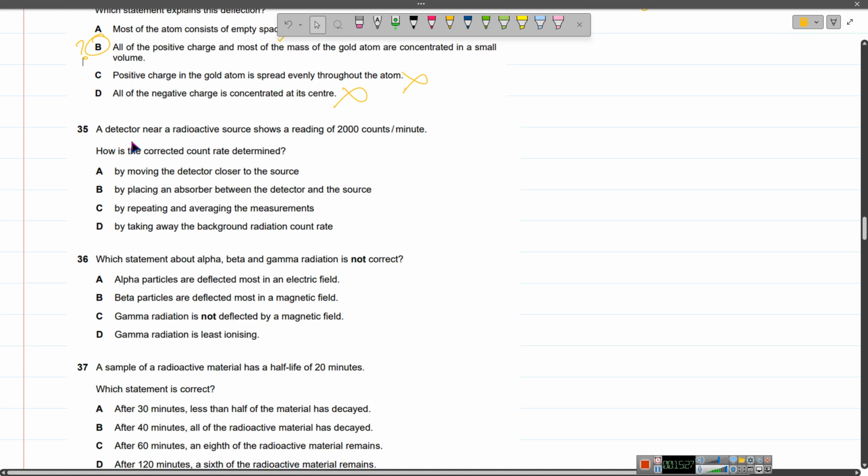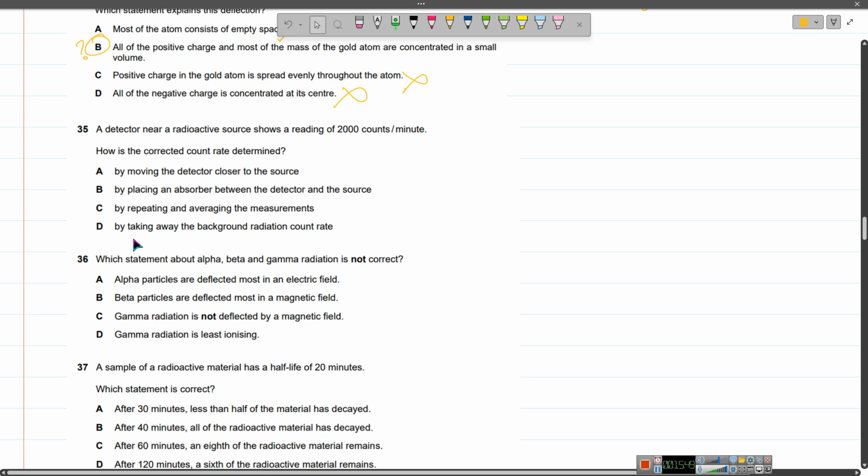Okay. A detector near the radioactive source shows a reading of 2000 counts per minute or 2000 becquerels, right? How is the corrected count rate determined? By moving the detector closer to the source? That rate would show a different reading. How is the corrected count determined?